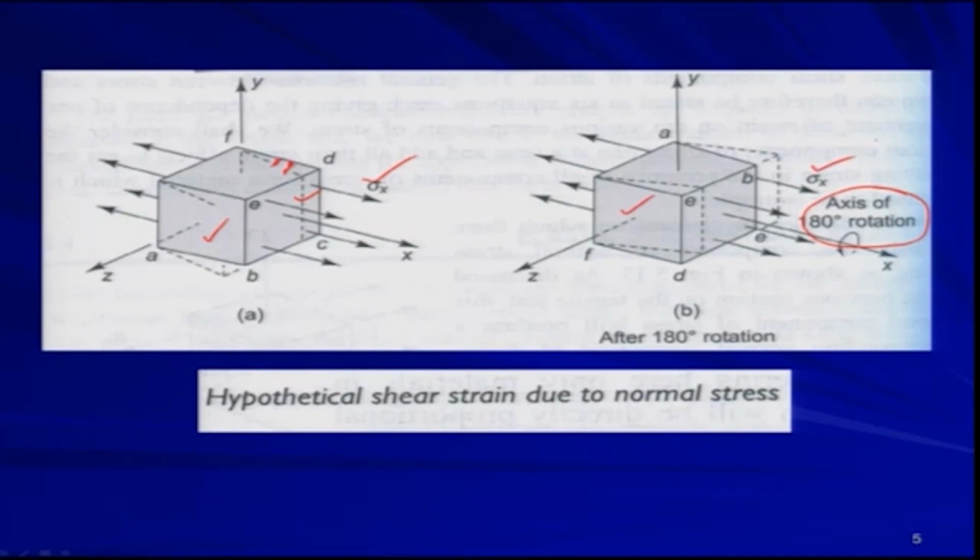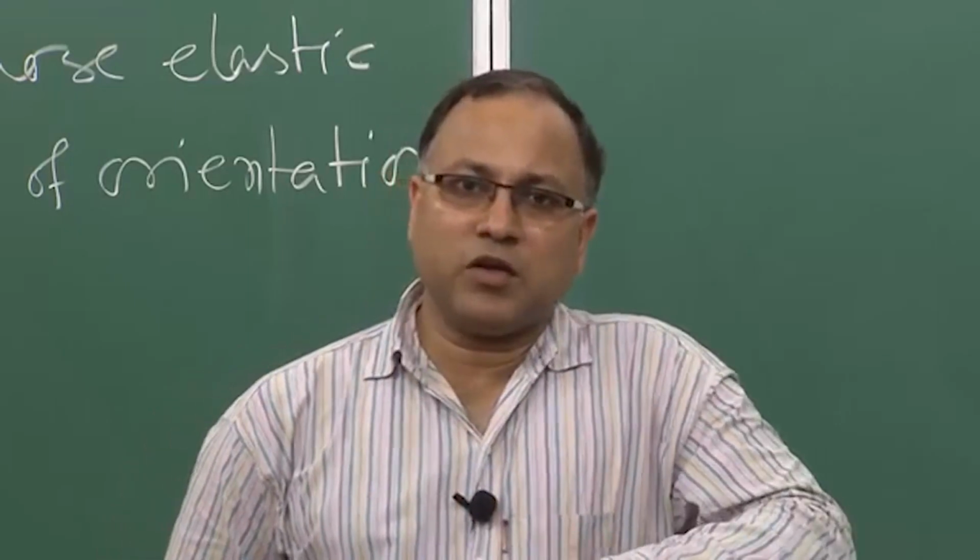The direction of sigma x remains unchanged, there is no problem at all. The only thing is that now you are getting the angular distortion in this direction. This is the direction of your angular distortion, which means the shear strain is happening in that direction. Shear strain is nothing but your angular distortion.